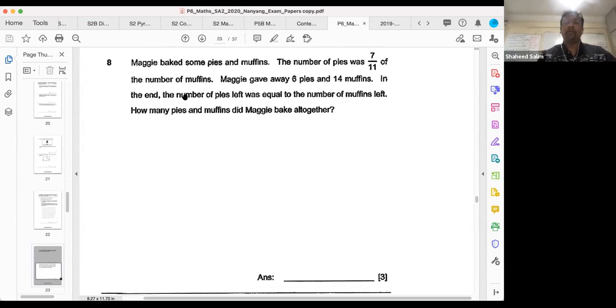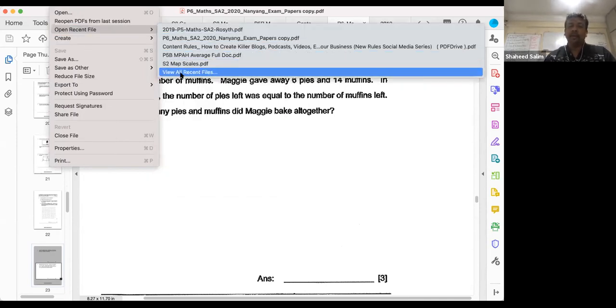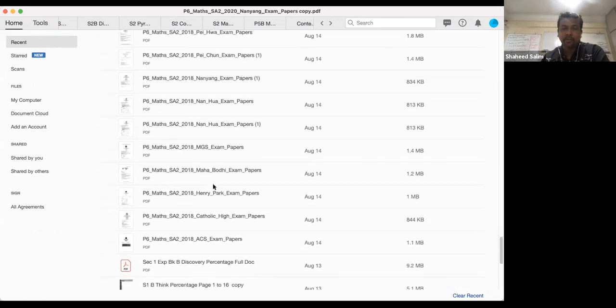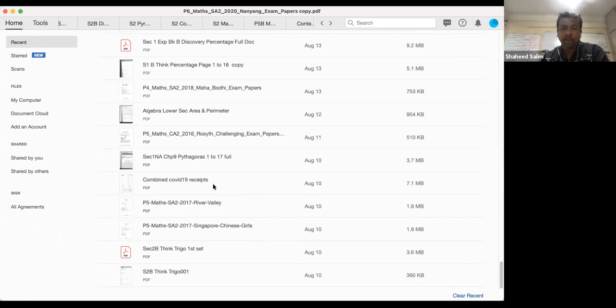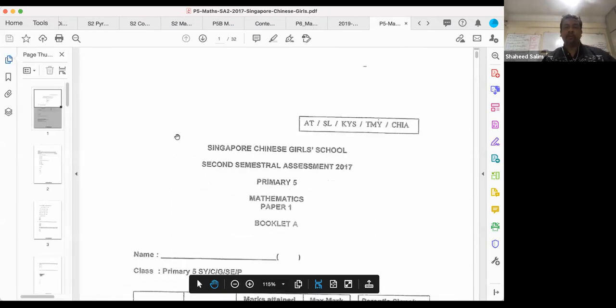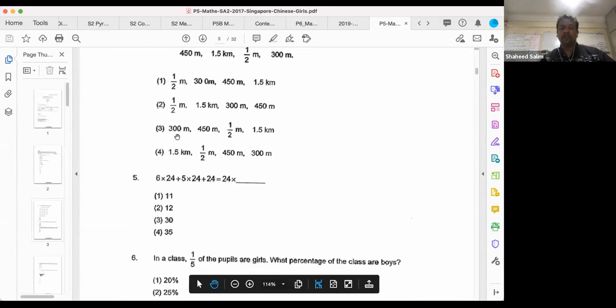Okay, we won't go through anymore lah. Now let me go and search for the other papers. Just a moment. P5. See, got so many papers on here. Again, I give you P5 because average is a P5 topic. So there are more questions here.